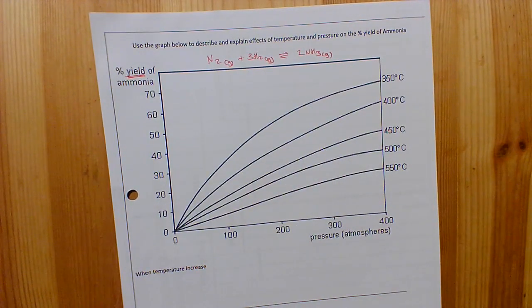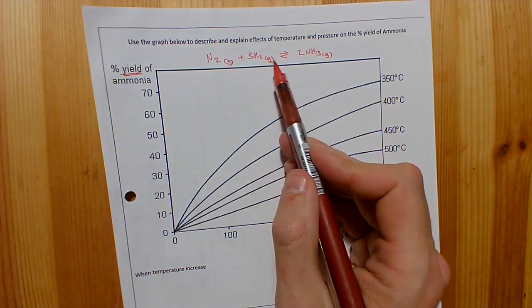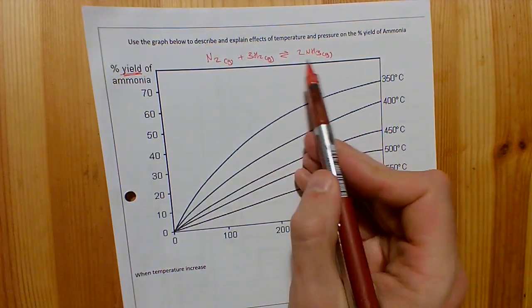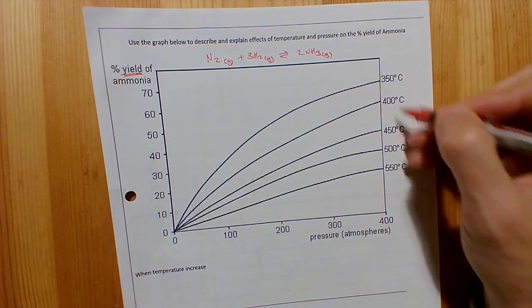So we really want the ammonia. So we want our dynamic equilibrium to favour the right-hand side. So we can use Le Chatelier's principle to our advantage. And if we were to change the temperature and the pressure, we can manipulate this equilibrium so that it shifts to the right hand side and produces more ammonia, giving us a higher yield of ammonia. So here we have a variety of different temperatures.